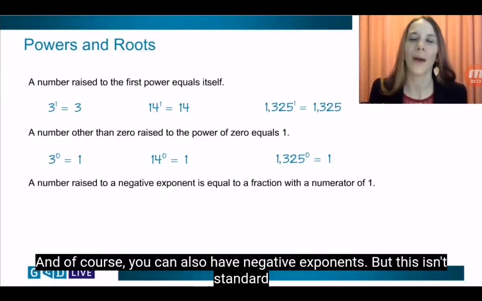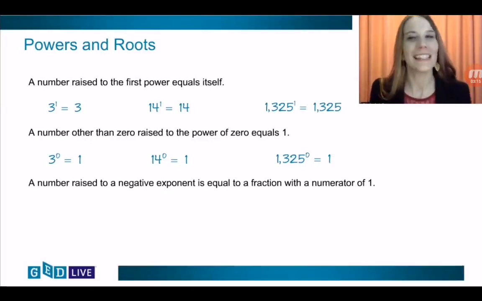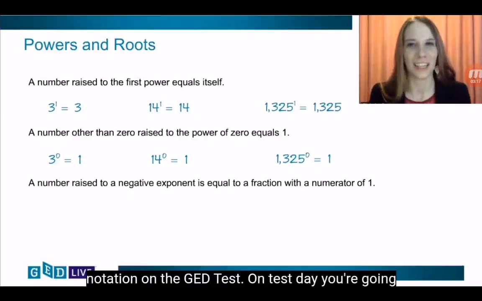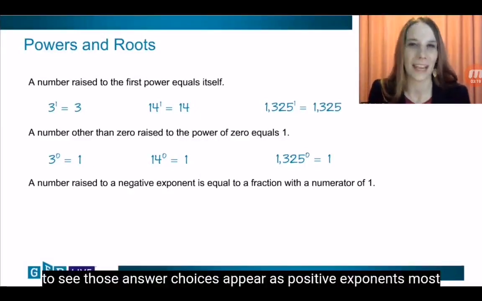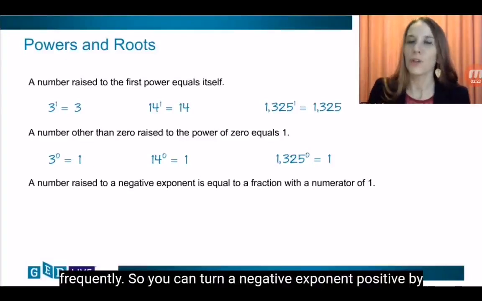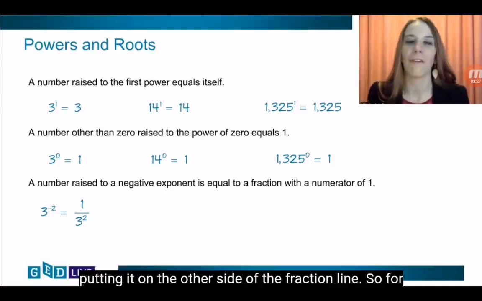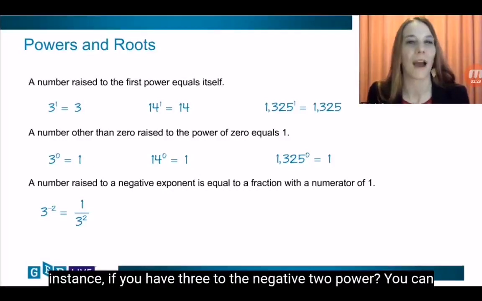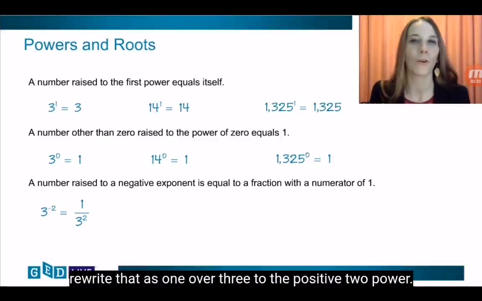Of course, you can also have negative exponents, but this isn't standard notation on the GED test. On test day, you're going to see those answer choices appear as positive exponents most frequently. You can turn a negative exponent positive by putting it on the other side of the fraction line. So for instance, if you have 3 to the negative 2 power, you can rewrite that as 1 over 3 to the positive 2 power.